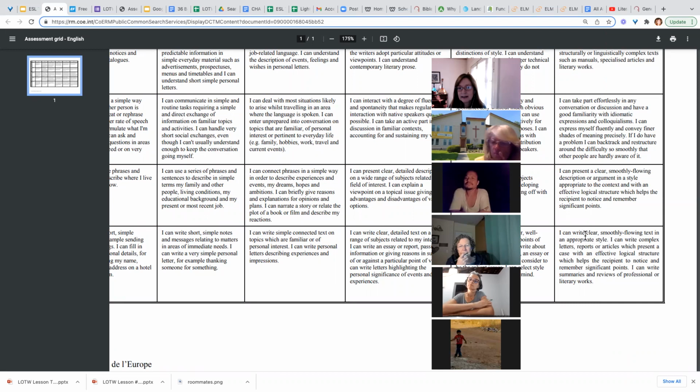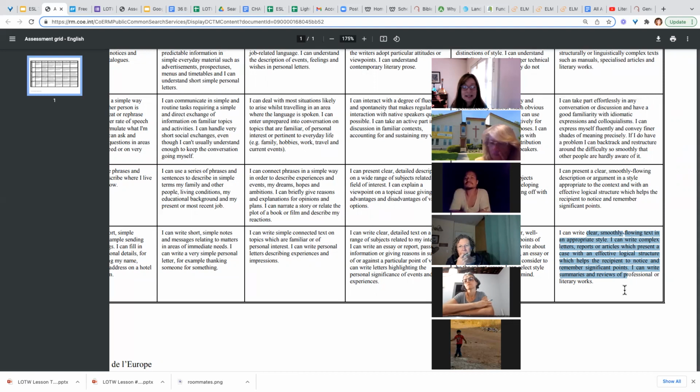Okay. And then if you go up to the C2 level, they're going to be able to do even more, writing clear, smooth flowing text in an appropriate style, complex letters, reports, or articles, summaries and review of professional or literary work. So that's pretty high. That's something you would do at the university level in English.